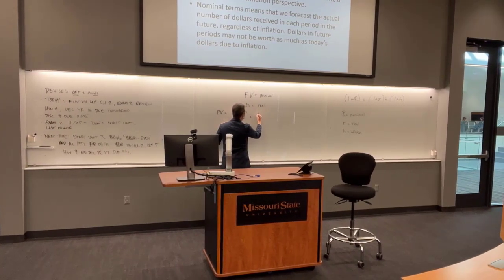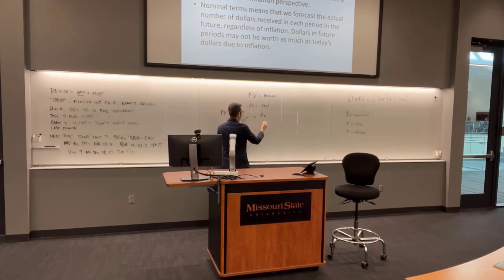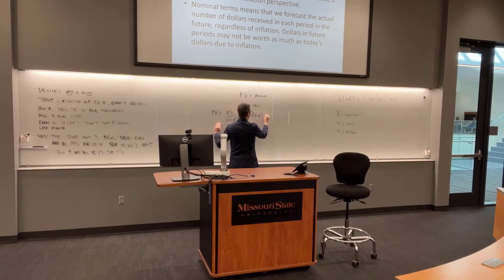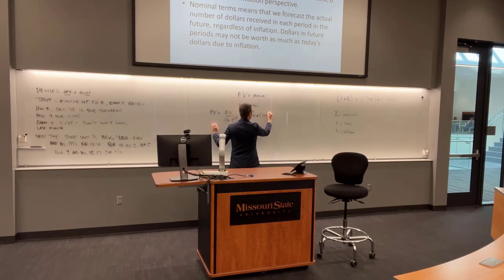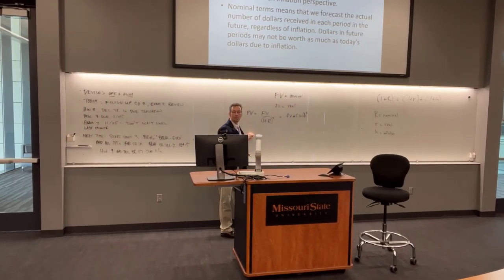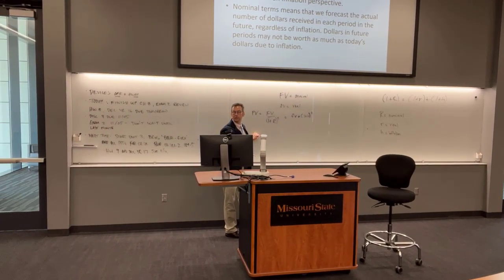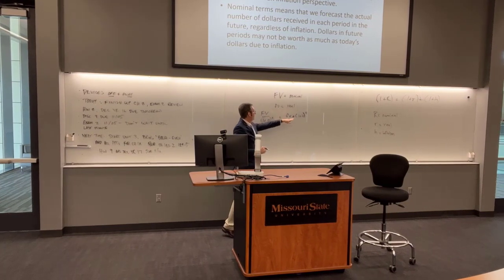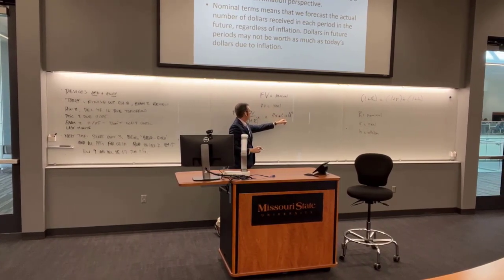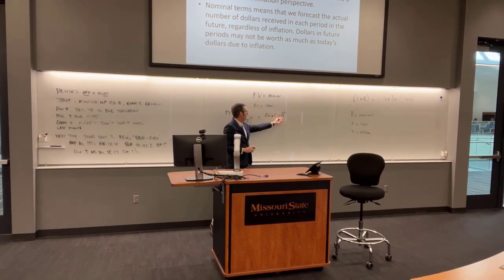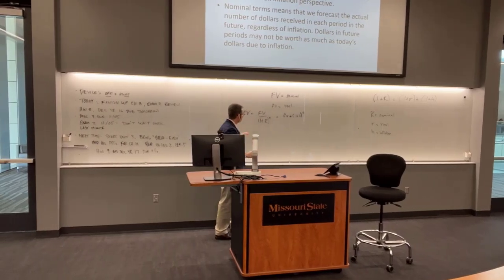It would be equal to the real future value times 1 plus h to the t. And why is that? It's because inflation compounds just like interest. And so that's going to be your nominal to real, or real to nominal conversions. You're going to multiply by 1 plus h to the t.